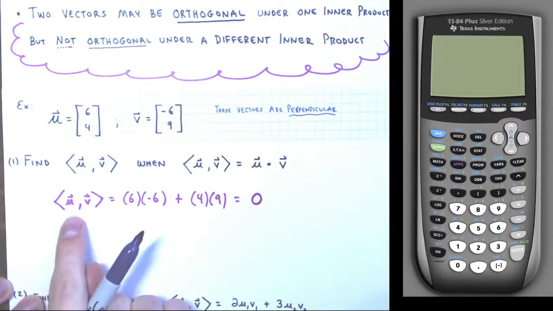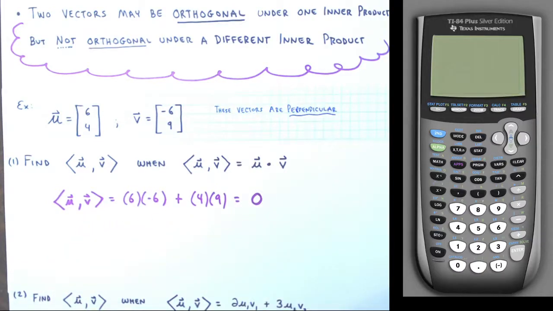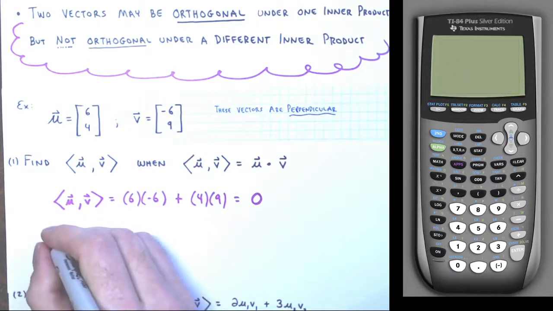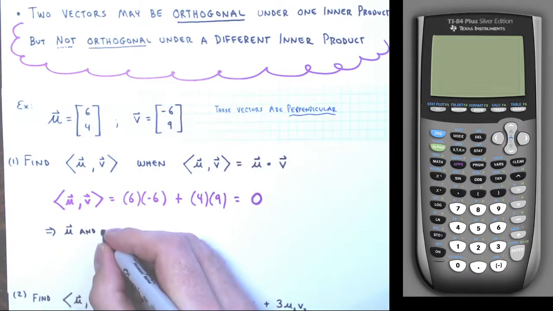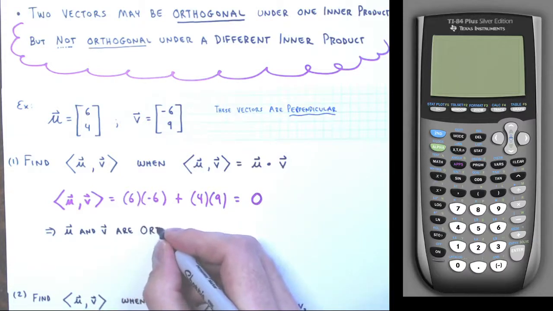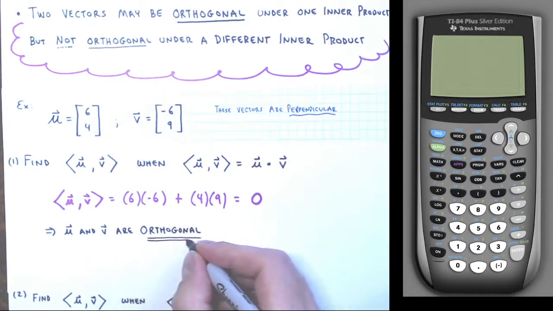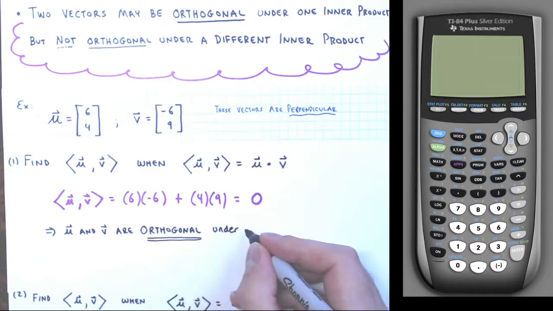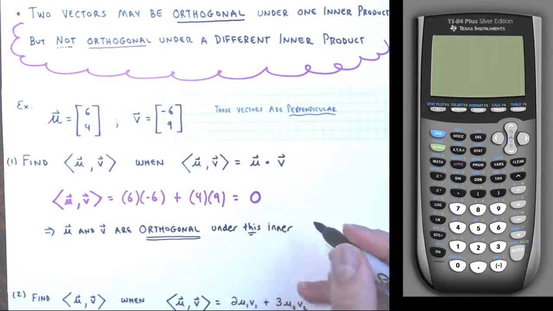And if the inner product of two vectors is 0, then those vectors are considered orthogonal. So we would say that u and v are orthogonal under this inner product, under the dot product.